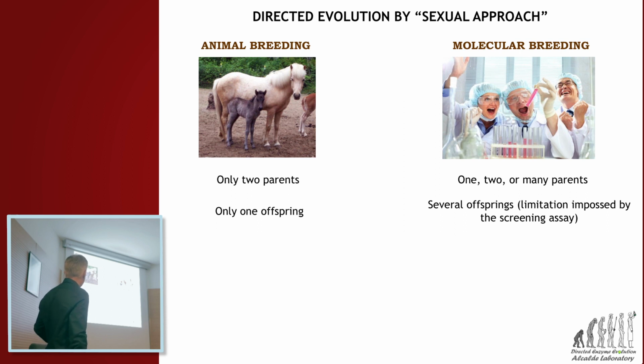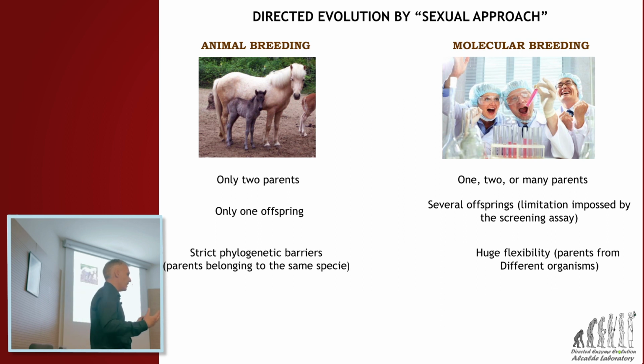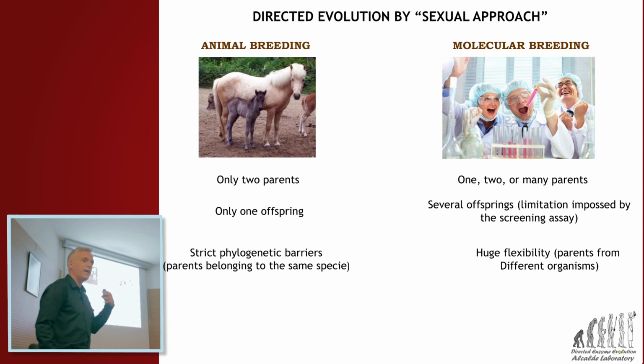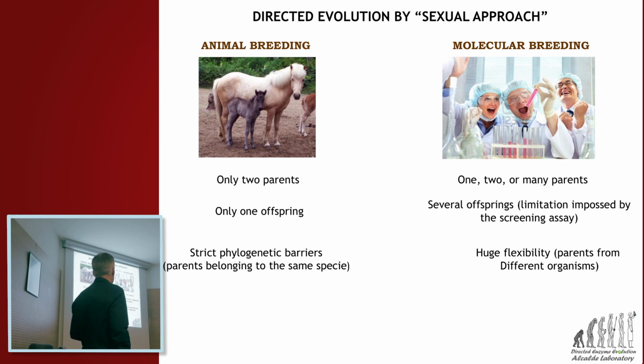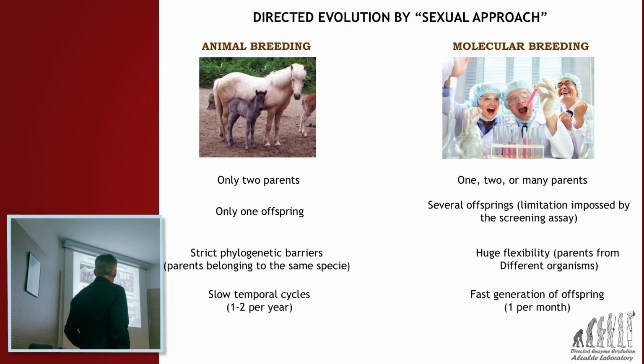Here we have strict phylogenetic barriers. We cannot cross a whale with a hen. And here we have a huge flexibility. Actually, we can create really different chimeric proteins with sequence identity lower than 50% in some of the cases. And the temporal cycles in animal breeding are slow, and here we are as fast as the student is working in the laboratory.